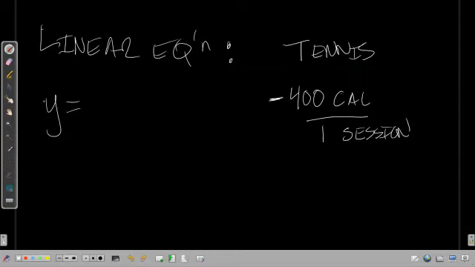400 calories each session. Don't get fancy and say that you're going to jog 2 miles and you burn whatever number of calories in 2 miles. Just say that it's for 1 workout.